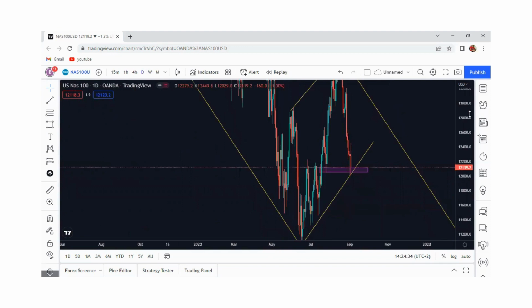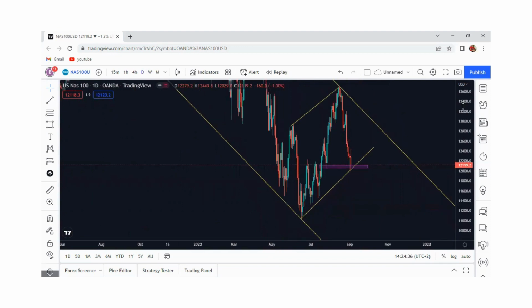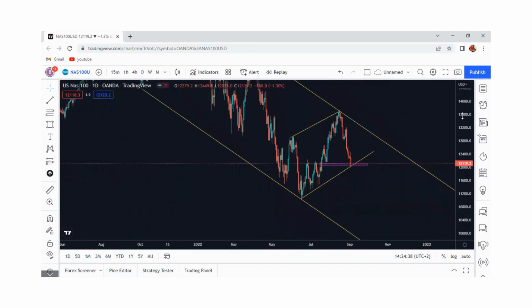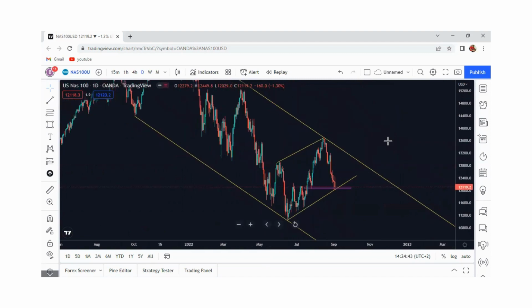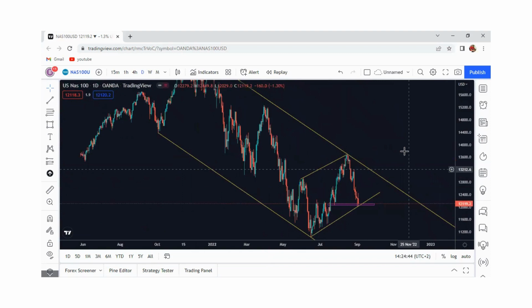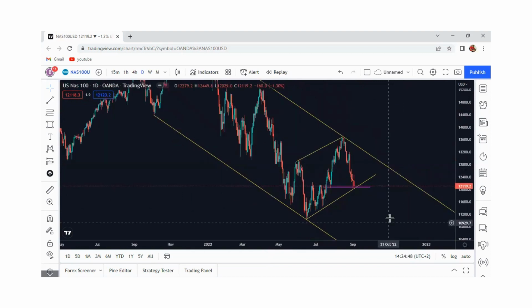But for me, I'm still looking for sell opportunities. Unless the market changes, then that's when I'll look for buy opportunities. But for now, I just want it to break this pattern. If it breaks this pattern, comes back for a retest, then we're definitely going in.